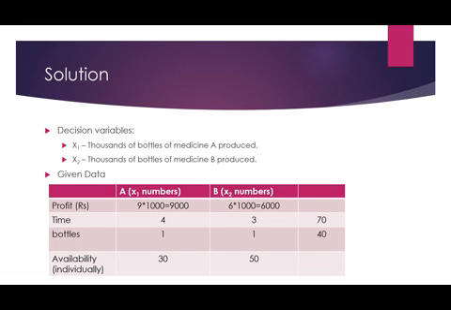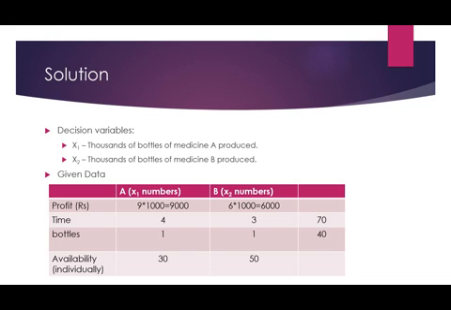See, here total number of bottles available with us is 40,000 bottles. And the number of thousands of bottles that you manufacture, we are supposed to take a sum of it. That is x1 plus x2. So the coefficient is negligible here, or we are not interested much in the coefficient here.